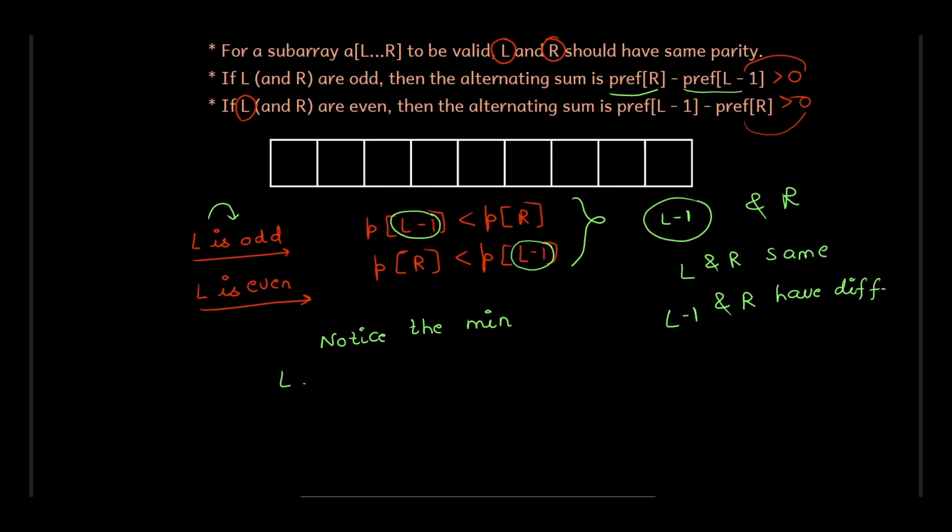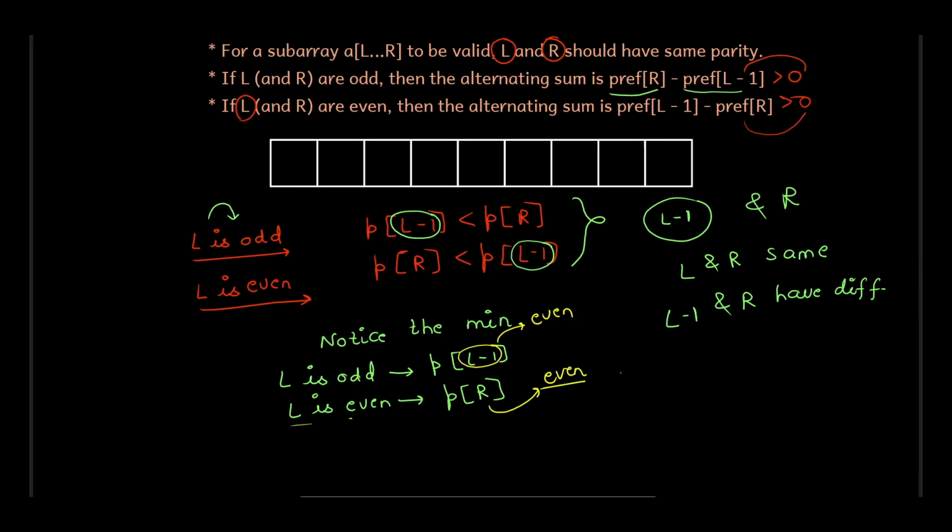If L is odd, the minimum value is what? Prefix of L minus 1. And when L is even, the minimum value is prefix of R. But if L is odd, notice that this L minus 1 is even. And when L is even, R is also even.